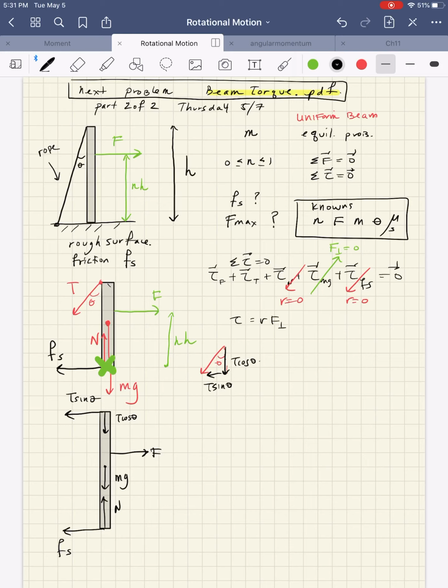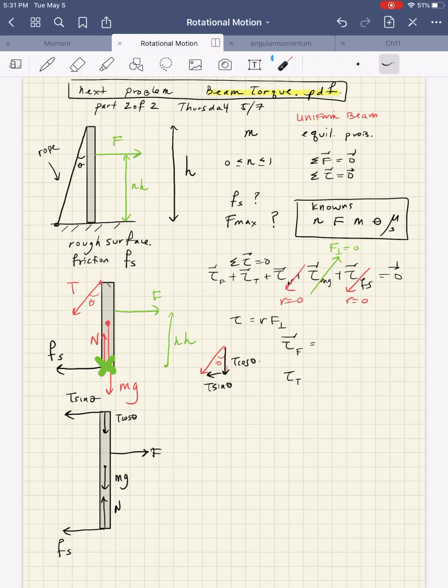Okay. So with this axis of rotation, again, F is already ready for me, and now I can see the perpendicular component of the tension force is just T sine theta. So I'm ready to write out the torque from the force F and the torque from tension.